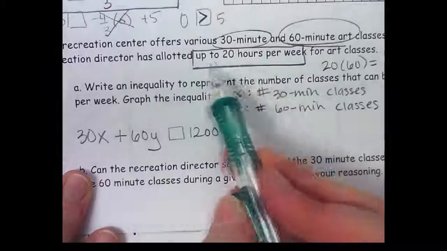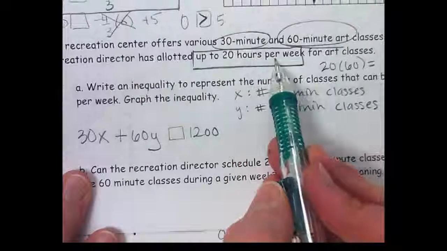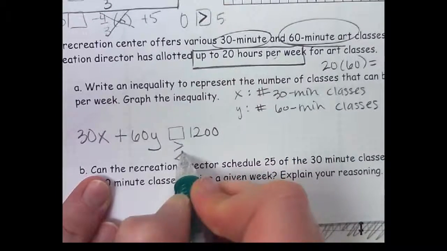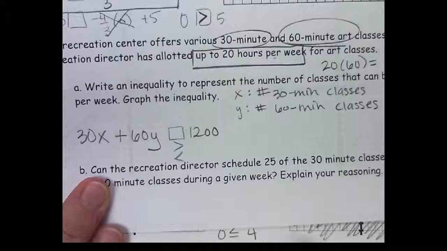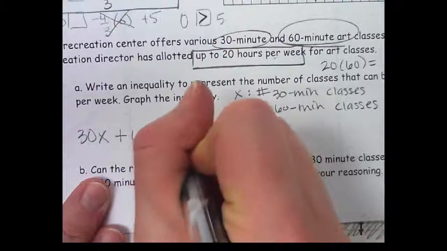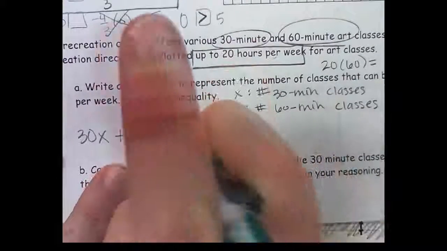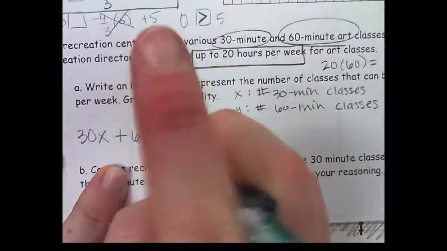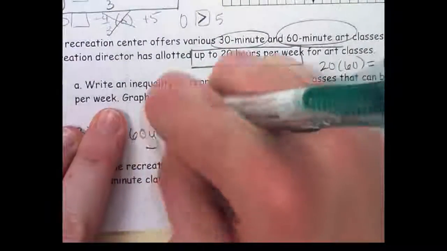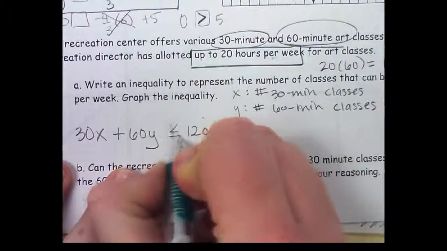It says up to 20 hours per week. So is it going to be a greater than symbol or a less than symbol? Less than? Oh, I hear less than or equal to. Okay, if you get confused, which sometimes it is confusing, you can pick a number.